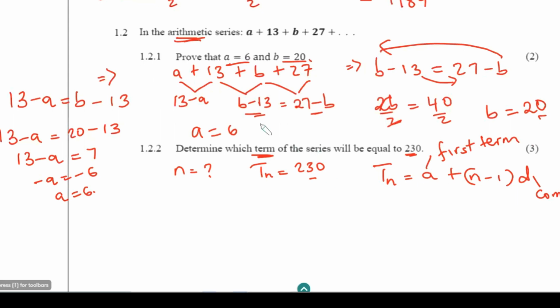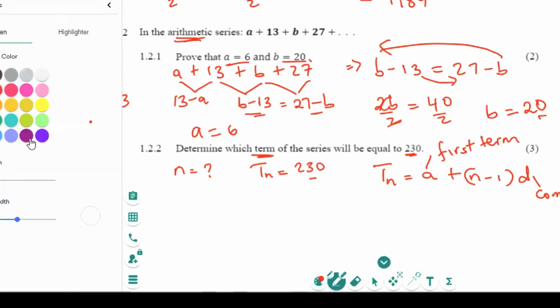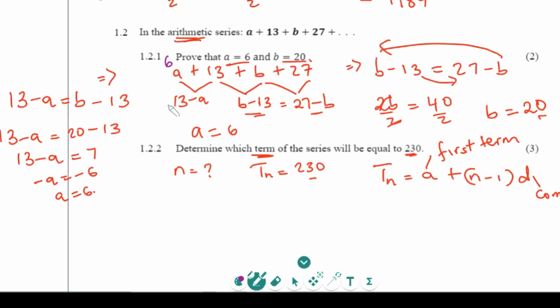Since we got a as 6, our first term is 6 as well. And then we need to find the common difference, which we can say is 13 minus 6, which is 7. So a is 6 and d is 7.